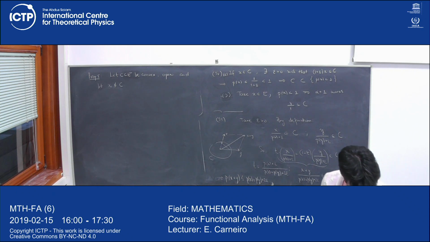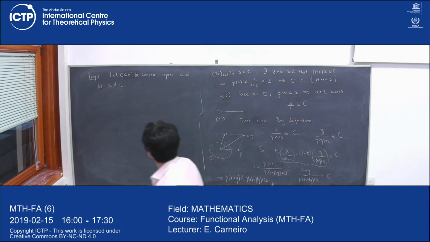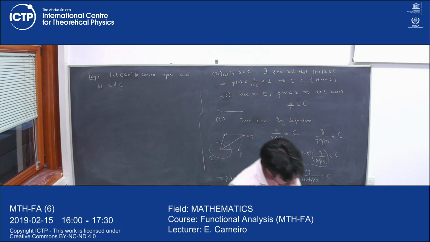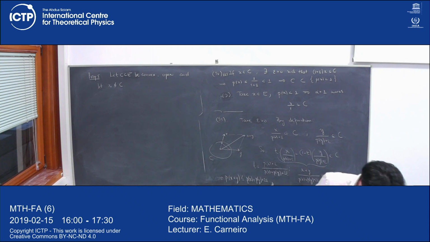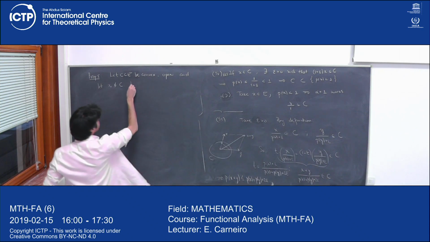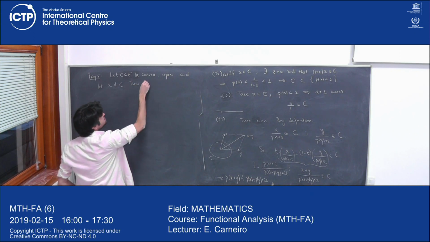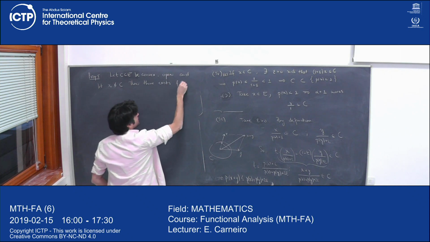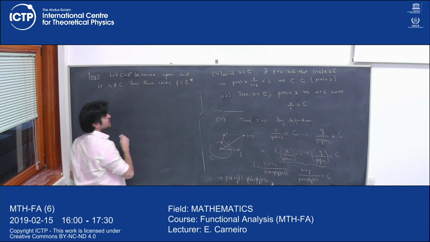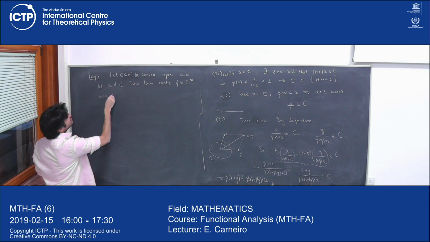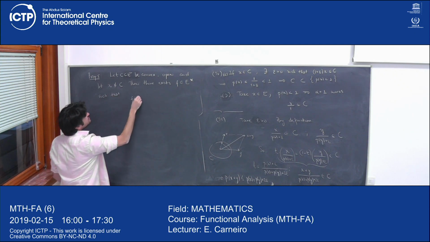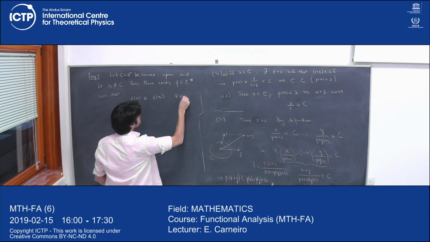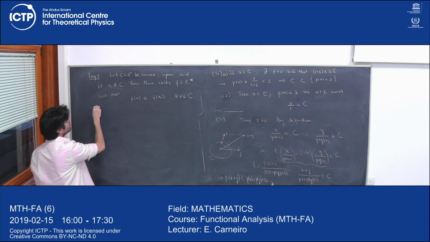I should assume that it contains the origin. No, not necessarily. Okay, so then the conclusion is that there exists a continuous linear function, so f in the dual, such that f of x is less than or equal to f of x0 for any x in C. Okay?